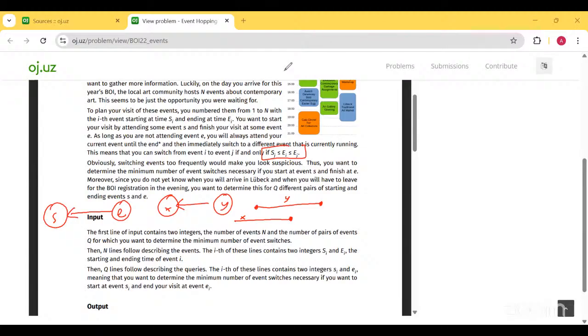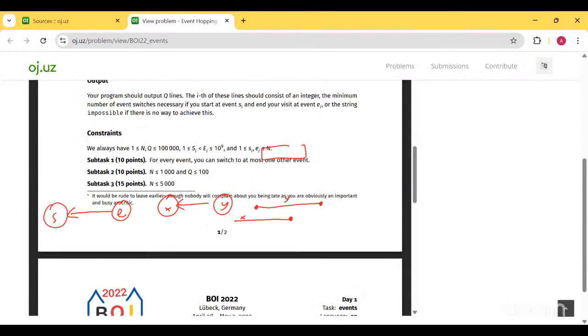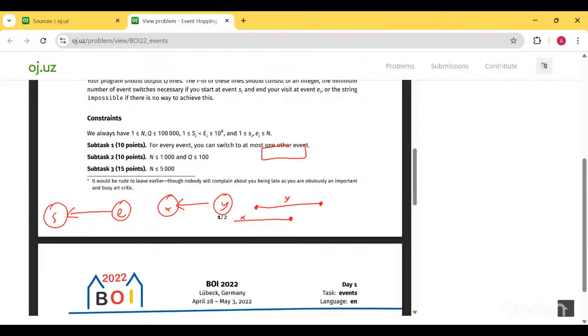Okay. And reversing the direction will make the problem easier. All right. Why? Because we can go to the other node greedily. We will always go to the node with the minimum S. What do you think?